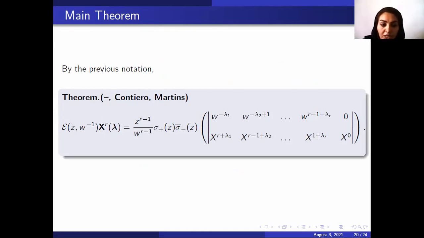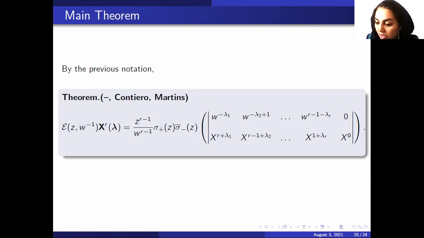When we act by the generating function EZW minus 1 on X R lambda, what we get is this expression CR minus 1, WR minus 1, sigma plus C, sigma minus bar Z, multiplying by this expression. This is a simplified version of our main theorems in the thesis, but because of the time, I just put this part to show you some of the work we did along the thesis.